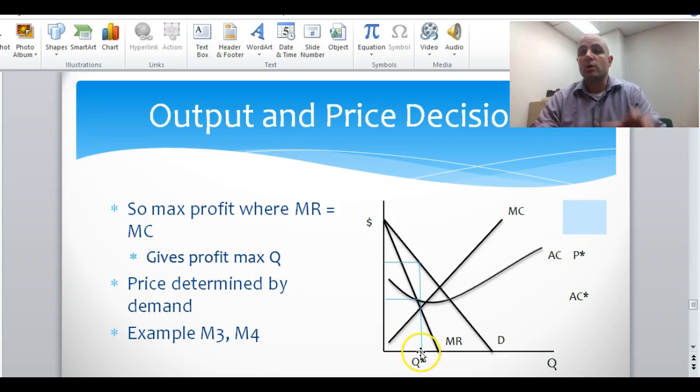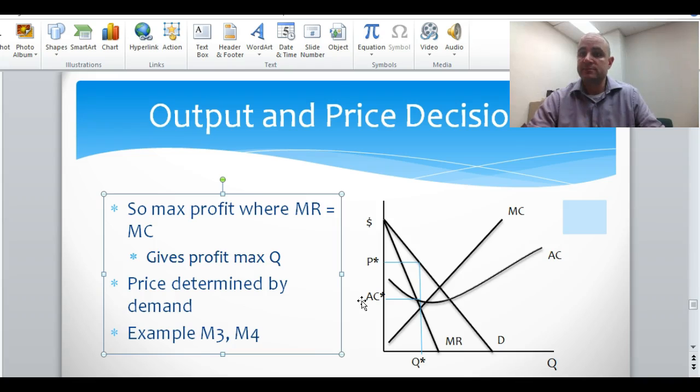So what you do then, once you find that profit maximizing output level, is plug that into the demand. And that is going to give you your profit maximizing price. That's the price they're going to set. Now to find the average cost, you take that quantity and plug it into your average cost, or in graph form, you go up to where it hits the average cost, and that is your average cost at the profit maximizing output level.